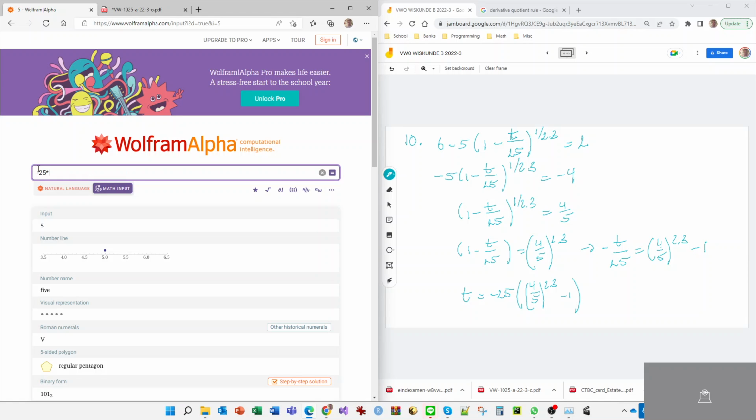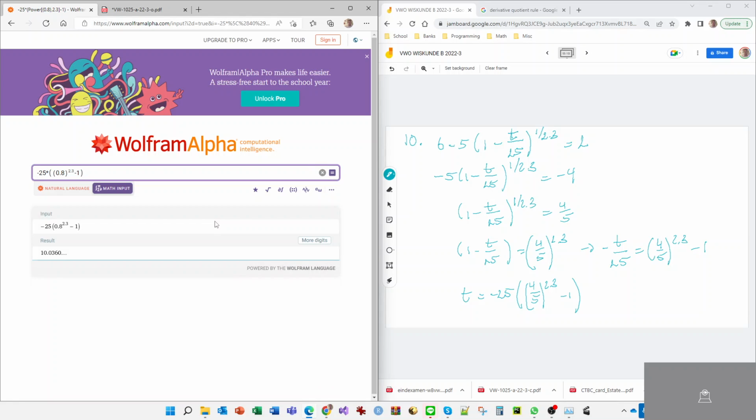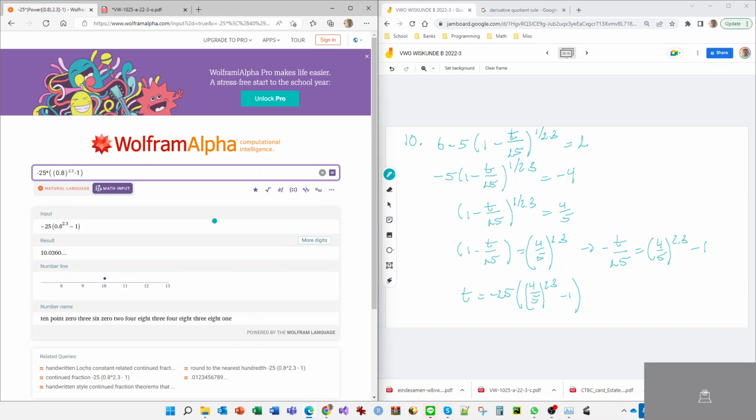Minus 25 times, 4 over 5 is 0.8, to the power 2.3, minus 1. That is 10.0360.